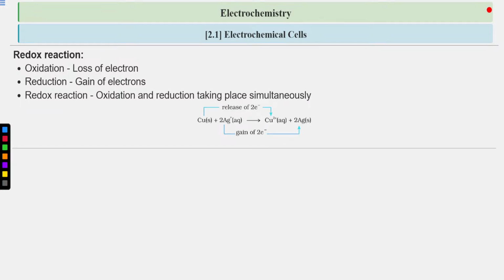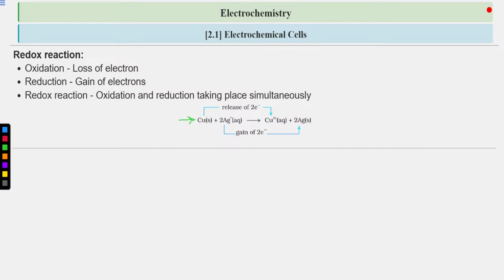Now, see this reaction given as an example of copper and silver ions. When copper reacts with the silver ions, it converts to Cu2+, and the silver ions, after the reaction with the copper, convert to silver in the solid state.